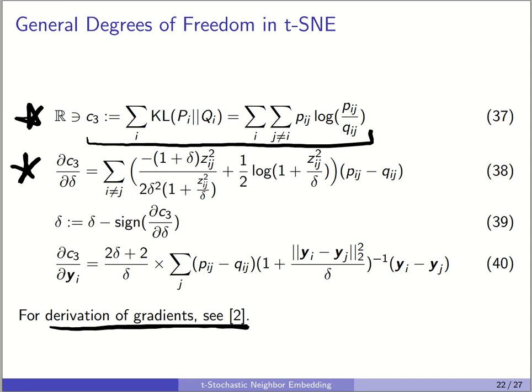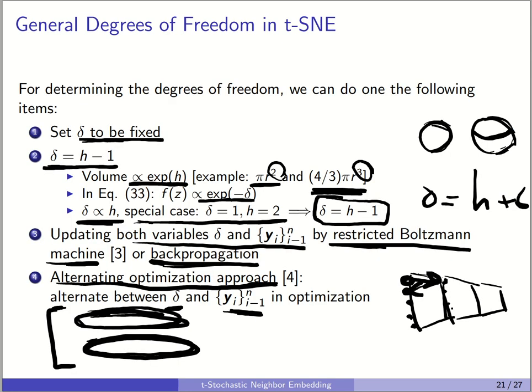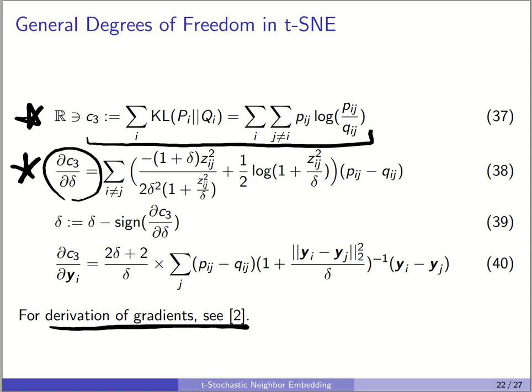Also, if we want to use the alternating optimization approach, recall that we cannot use the ordinary gradient descent. Why? Because the degrees of freedom is an integer, so it's a discrete optimization problem. One heuristic way to solve this is to use projected gradient descent, where we project the gradient direction onto the direction that we want to go, and we go along the sign of gradient in the gradient descent optimization.